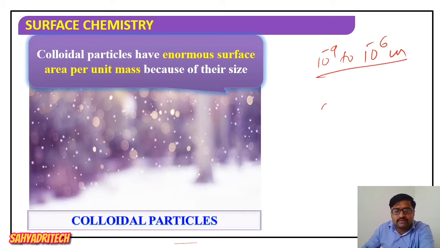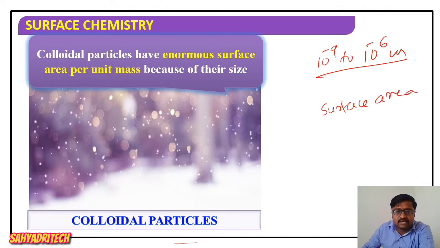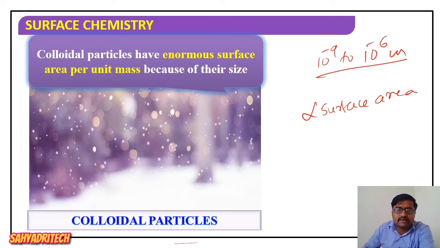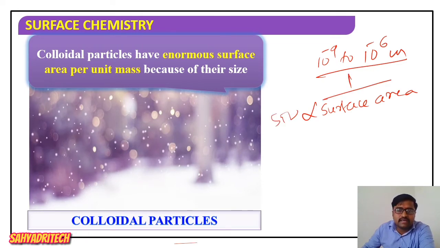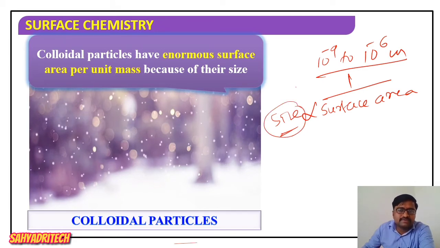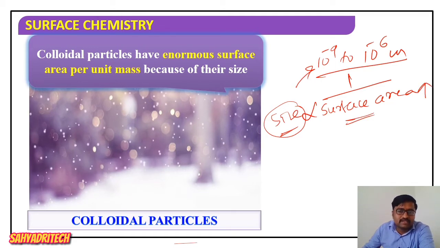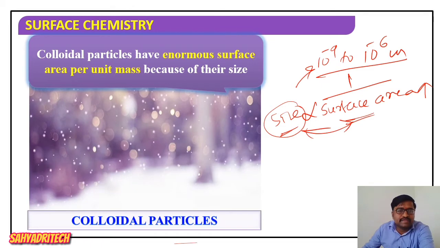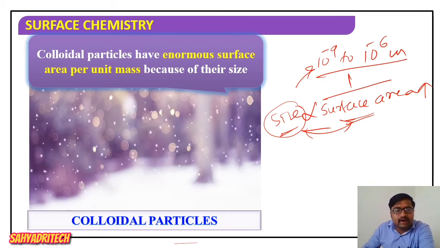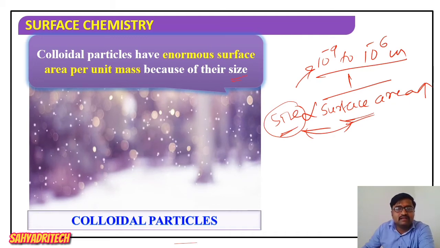We know that surface area and size are inversely related. As size is very small, surface area is very high. So the colloidal particles have enormous surface area per unit mass because of their very small size.